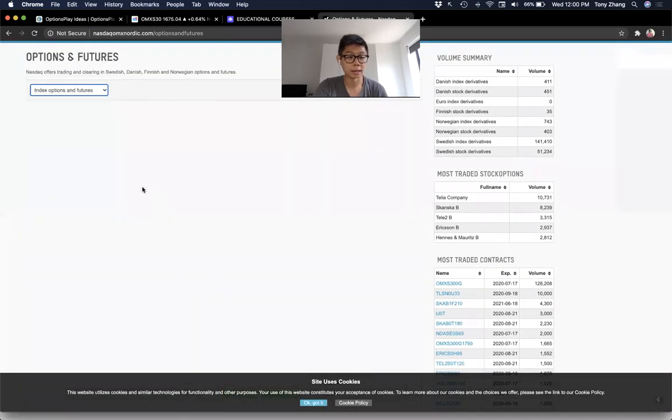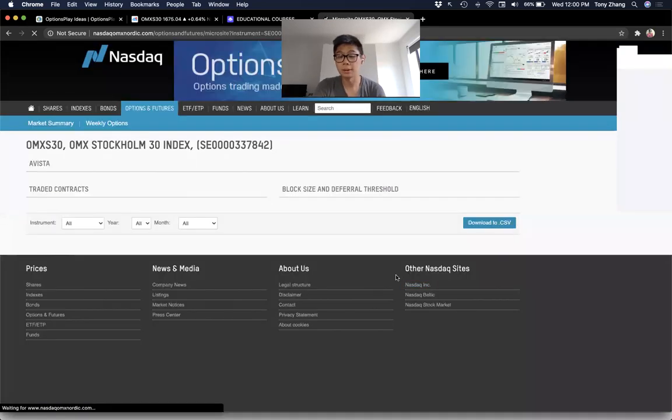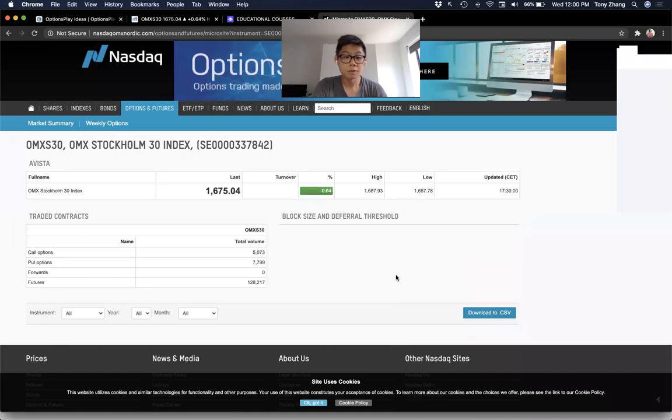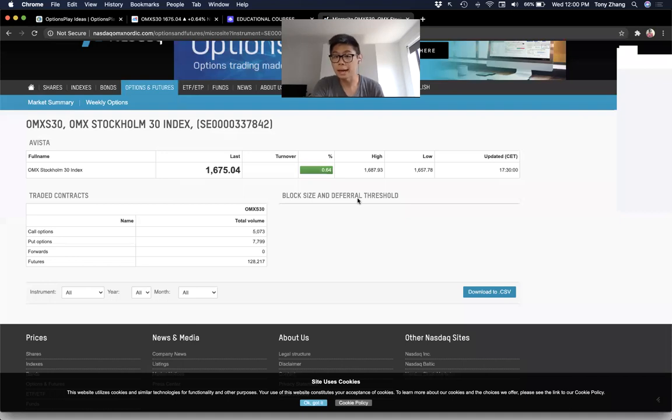So if I'm looking at index options like the OMX S30, when you're looking at an option chain, it's difficult for you to tell if the index moves 60 points higher, how much money do I make, right? And if you don't know how much money you're going to make, how can you plan accordingly to make sure that you're buying the right option and that the option suits your outlook on the underlying stock?